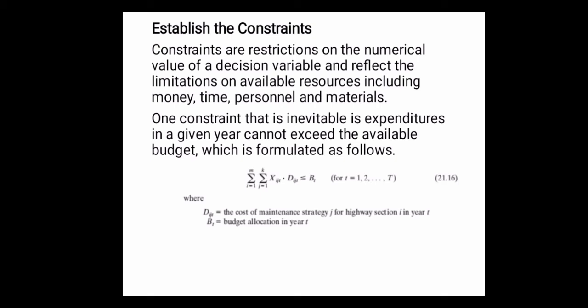One constraint that is inevitable is that expenditures in a given year cannot exceed the available budget, which is formulated as follows, where d sub ijt is equal to the cost of maintenance j for highway section i in year t, and b sub t is the budget allocation in year t.